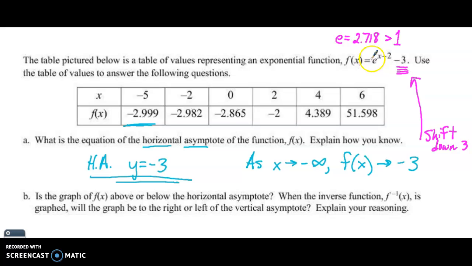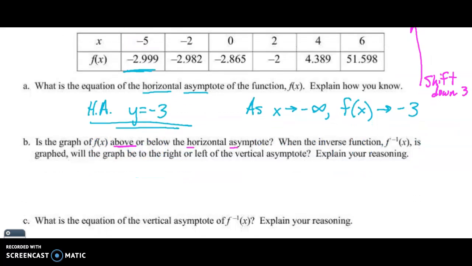Because there's no negative in front, then we are above the horizontal asymptote. So let's write that out. I'll switch back to that color. Above the horizontal asymptote. If we looked at the equation, our reason would be that there's no x-axis reflection.